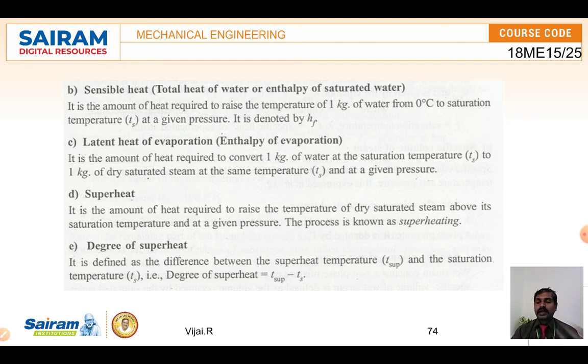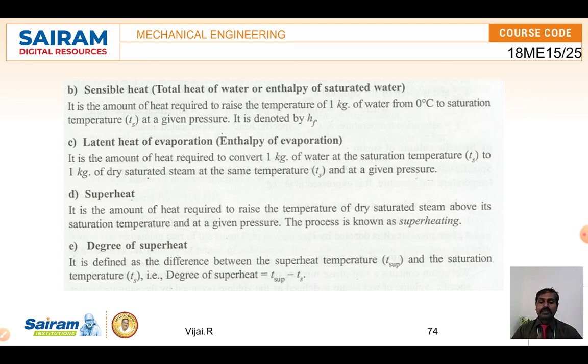And what is superheat? It is the amount of heat required to raise the temperature of saturated steam above the saturation temperature. The saturation temperature is where water starts to boil and the temperature is maintained. After the completion of that stage, the dry saturated steam is converted into superheated steam.